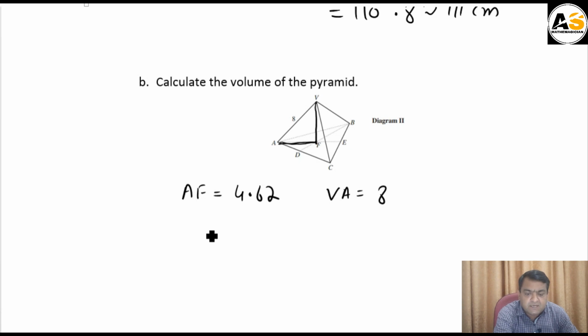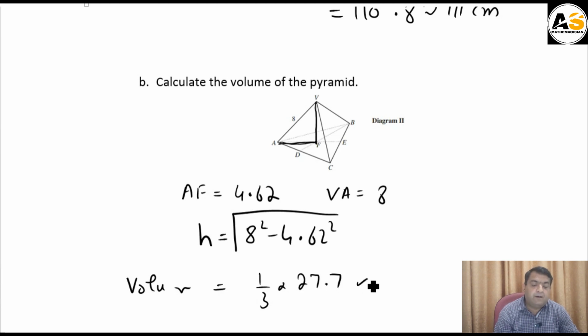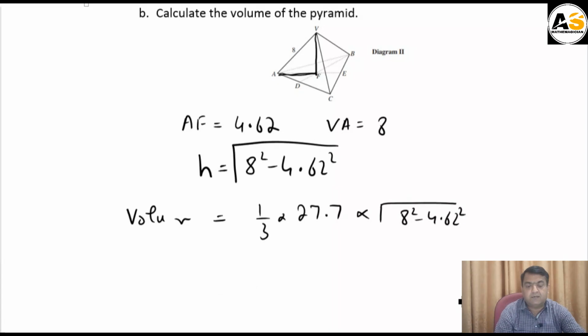By Pythagoras theorem, this height will be equal to the square root of 8 square minus 4.62 square. And the volume of the pyramid will be 1 by 3 base area multiplied by this height. And when you use your calculator to find the value, it will be approximately 60.3 centimeters cubed. I think this is clear.